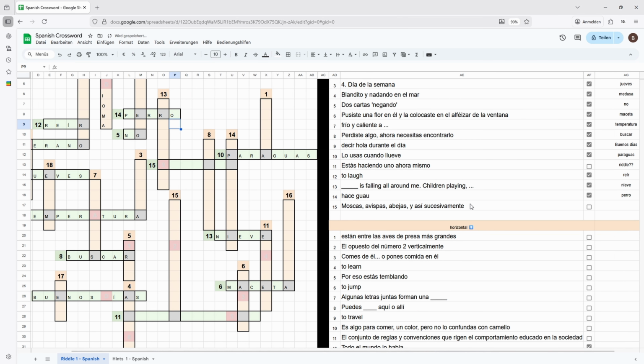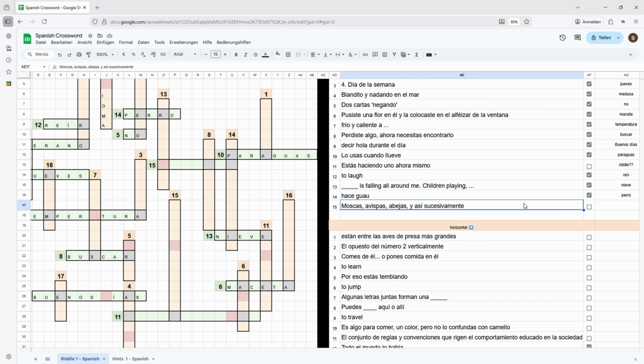Bera. And then the last one in the horizontal, it's "moscas, avispas, abejas y así sucesivamente." Insects? Do you want to have insects?